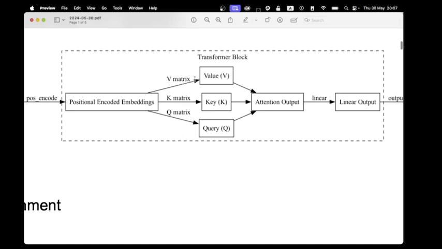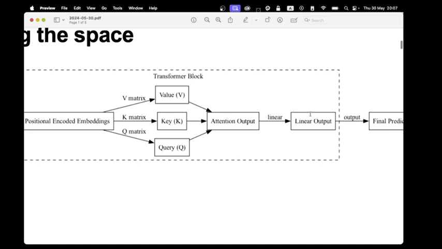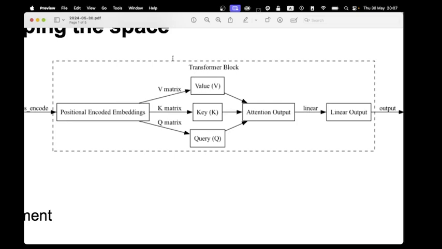Then we do attention, which in practical terms means we have three learned matrices, and we multiply the inputs by them to get the attention output. And then we have a linear layer after the attention layer. And these dashed blocks, we have a bunch. These are called attention heads.